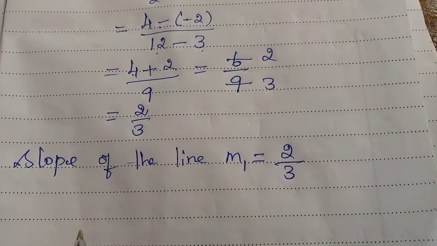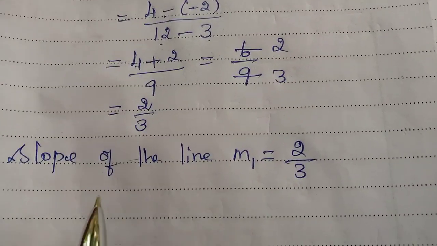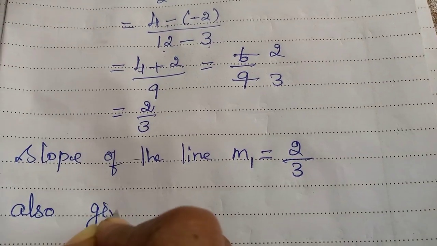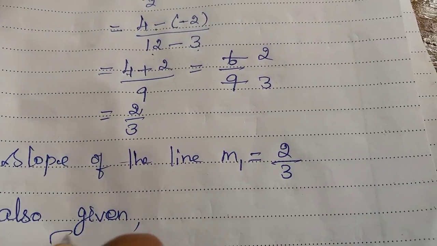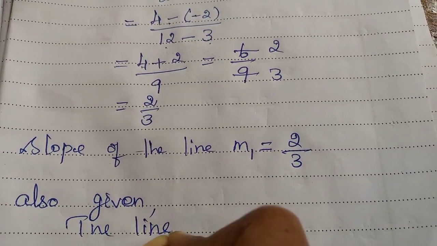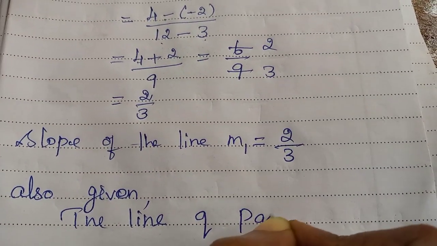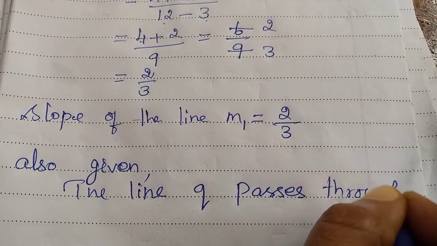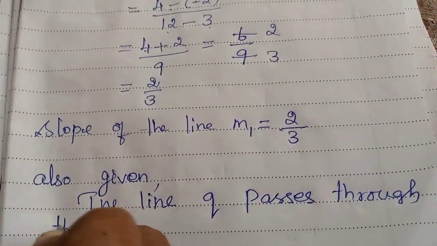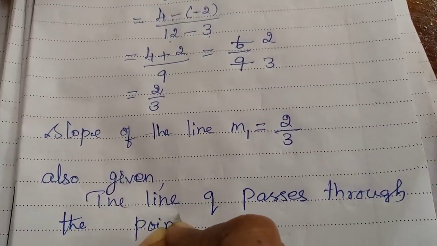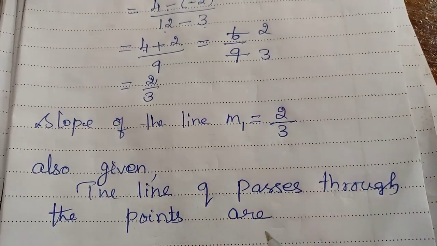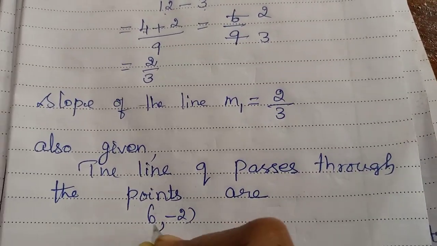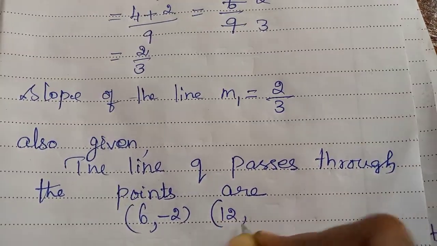Let us find the slope of the line Q. Also given, the line Q passes through the points (6, minus 2) and (12, 2).